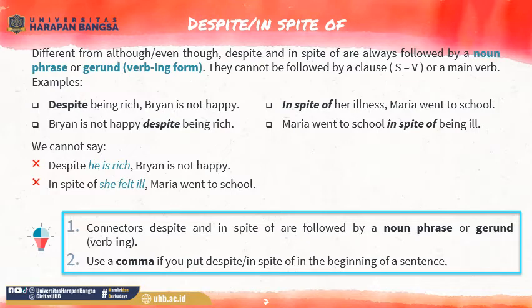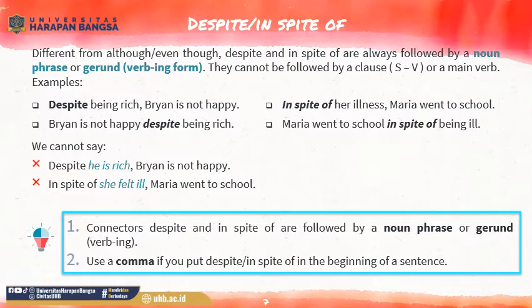Atau kalau tetap mau pakai klausa, kita bisa pakai although atau even though, menjadi although she felt ill, Maria went to school. So please remember, connectors despite and in spite of are followed by a noun phrase or gerund.